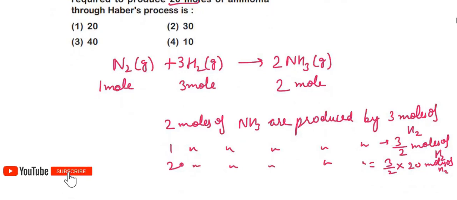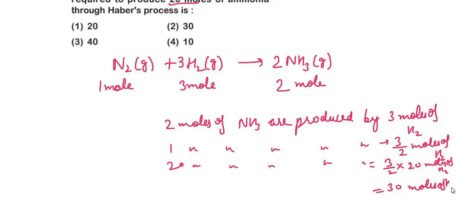So we can write like this. When we cancel out the factor, the answer comes out to be 30 moles of hydrogen. So our correct answer is 30 moles. So the correct answer is option number 2.